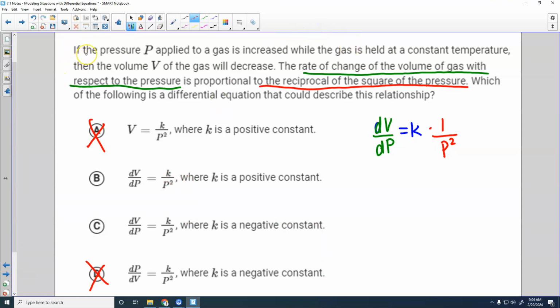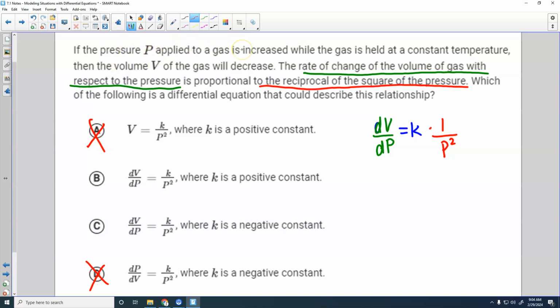So, we know pressure is applied to the gas. It's going to increase. So we're talking about how the volume changes as the pressure changes. Temperature is held constant because temperature can also affect your volume, so that's not really a factor in this.